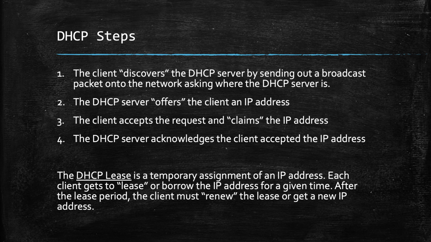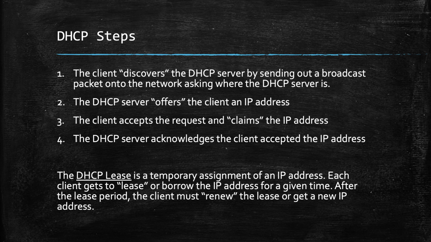One thing to keep in mind, I think I talked about this just a second ago, is that the DHCP lease is a temporary assignment for an IP address. So when we get an IP address on a network, this is a temporary IP address. We're borrowing the IP address from the DHCP server.